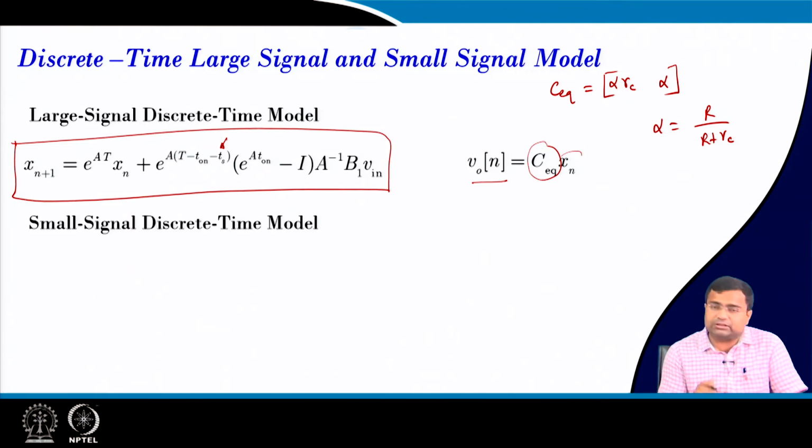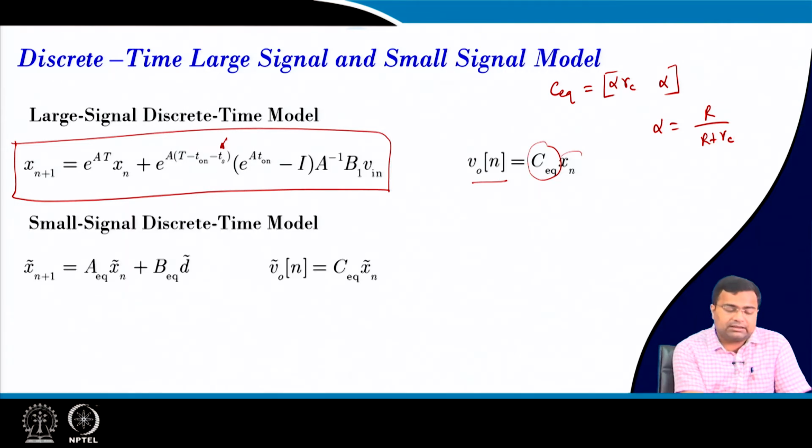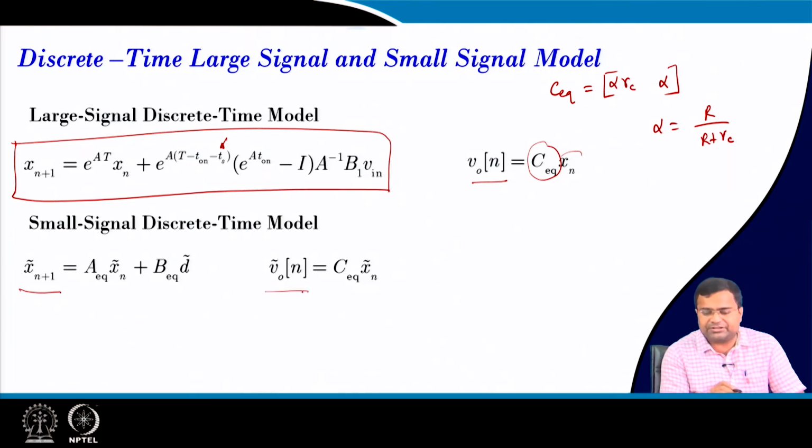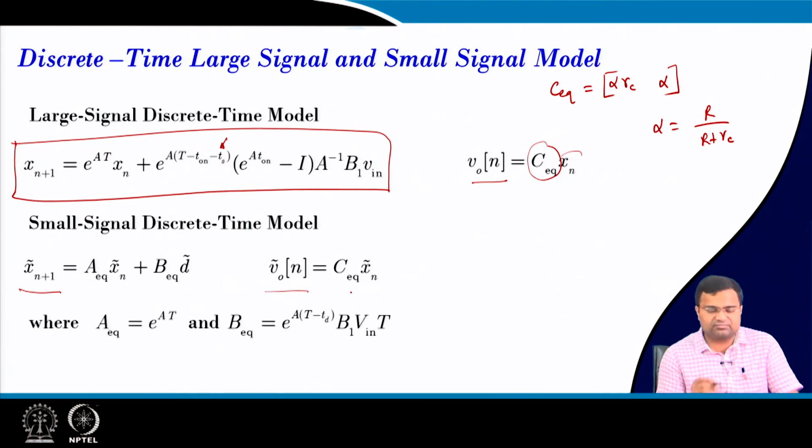Now, the discrete time small signal model, that also we have discussed: x(n+1) tilde is equal to A equivalent into x(n) tilde plus B equivalent into d tilde, and similarly v0 tilde will be equal to C equivalent into x(n) tilde.